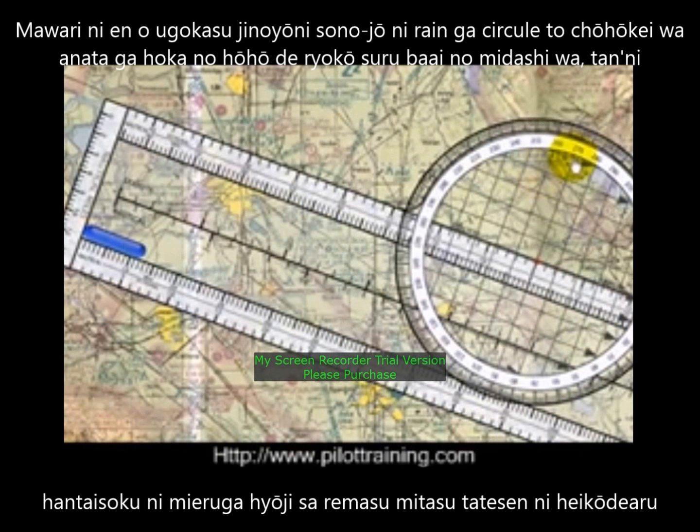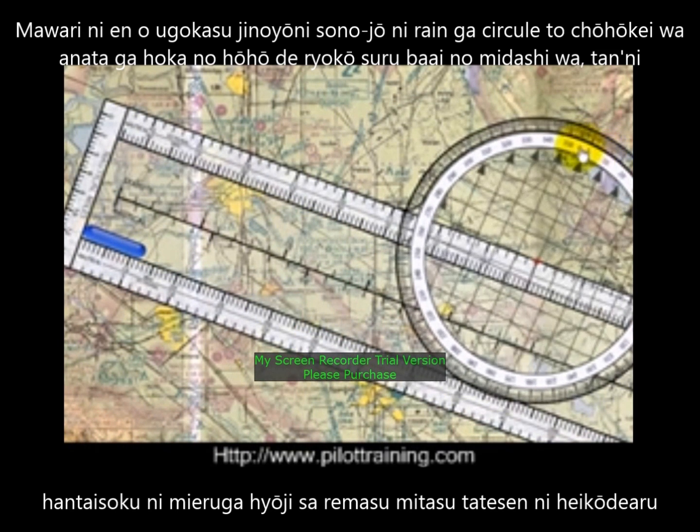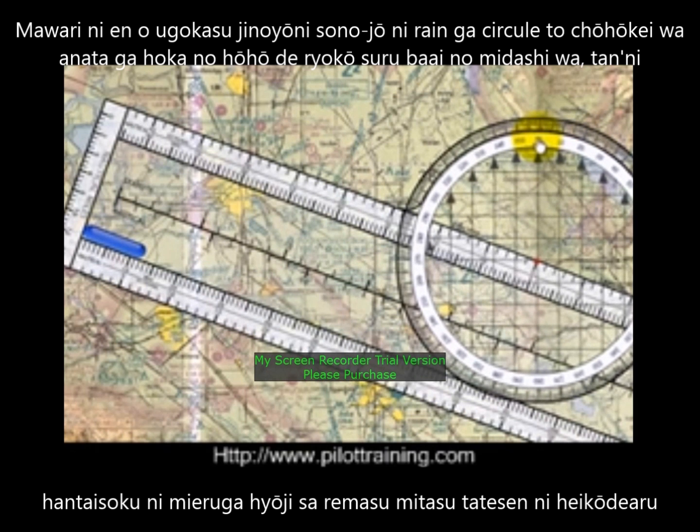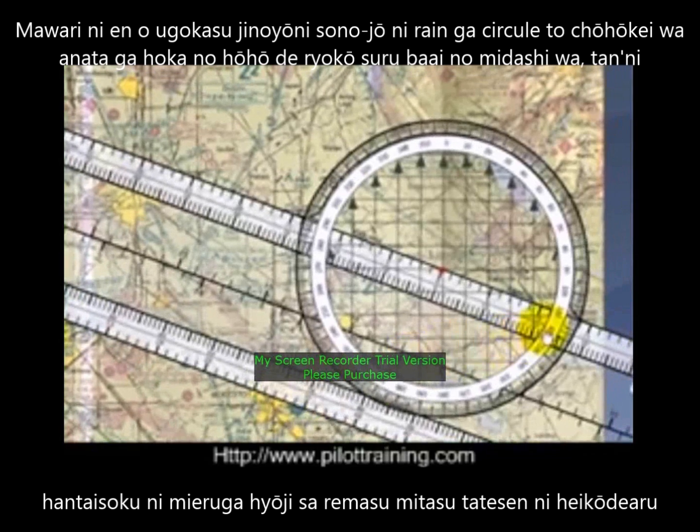Next, move the sphere around until the arrows face up parallel to the longitudinal lines on the map. Now, where the rectangle and circle meet, this will give us a heading to our destination.